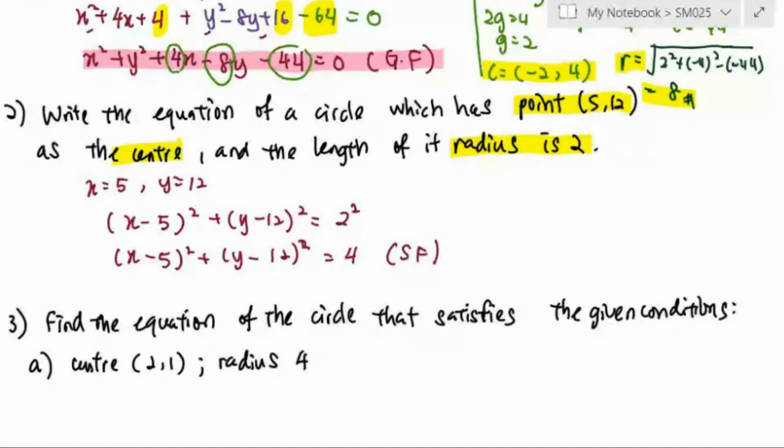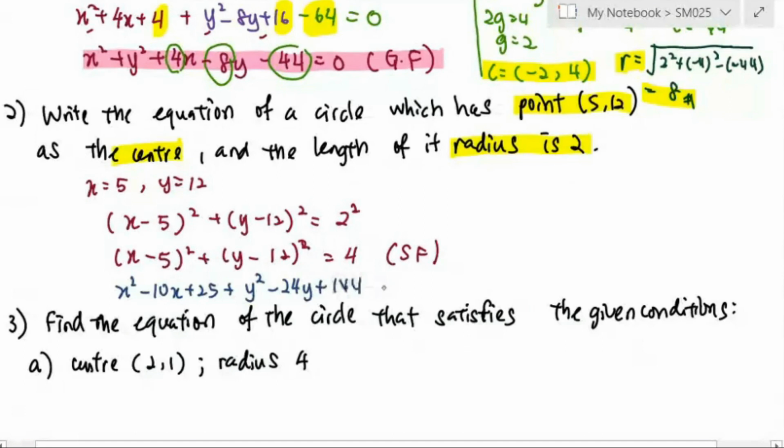From standard form to general form, we are going to expand it. Okay, so expand this: x squared, then 2ab will give you negative 10x plus 25. For this one, y squared, negative 24y plus 144. Then minus 4 equals 0. So we rearrange into the general form.